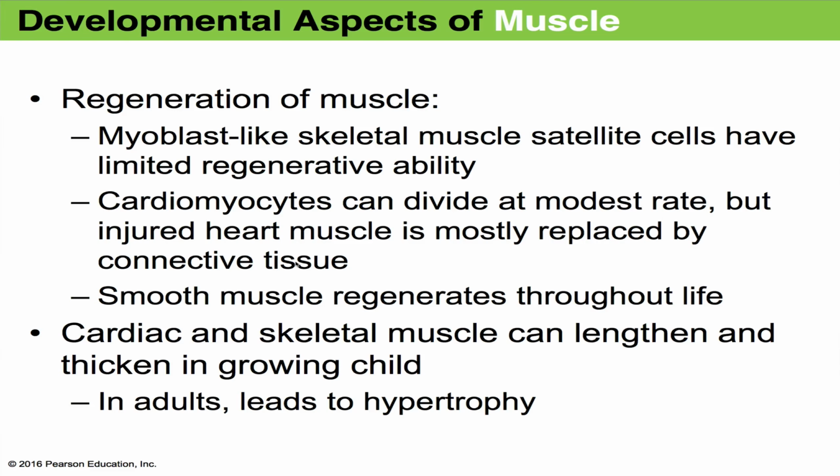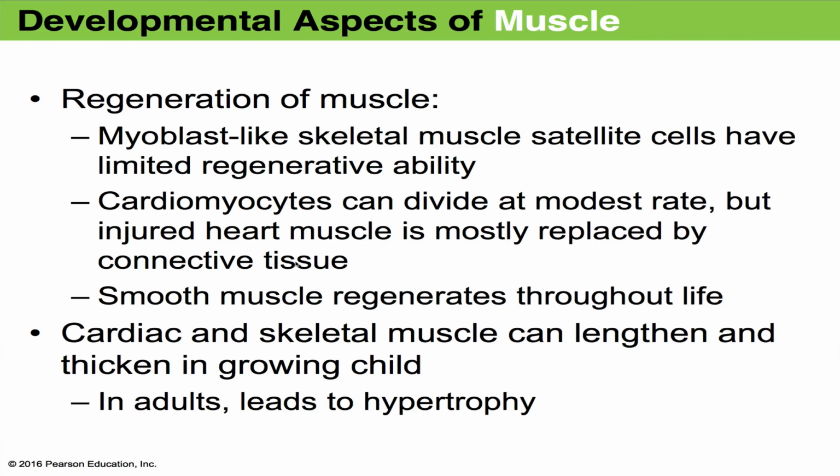Once the heart muscle is injured, it cannot be replaced. However, we are learning now that some of these cardiomyocytes are able to replace some dead cardiac muscle. However, it's very, very limited, and most dead cardiac muscle is going to be replaced with connective tissue.